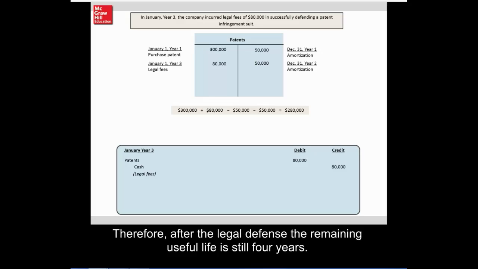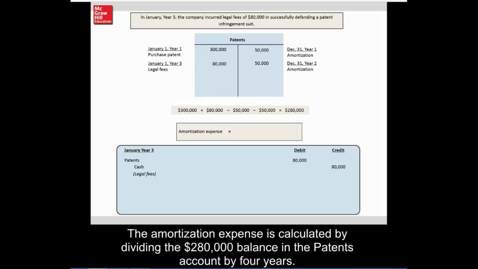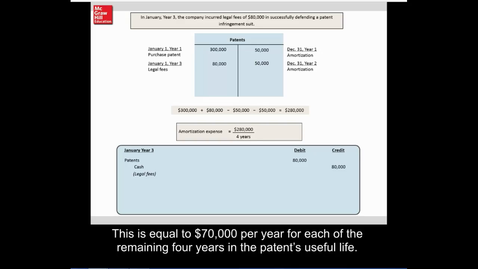Therefore, after the legal defense, the remaining useful life is still 4 years. The amortization expense is calculated by dividing the $280,000 balance in the patent's account by 4 years. This is equal to $70,000 per year for each of the remaining 4 years in the patent's useful life.